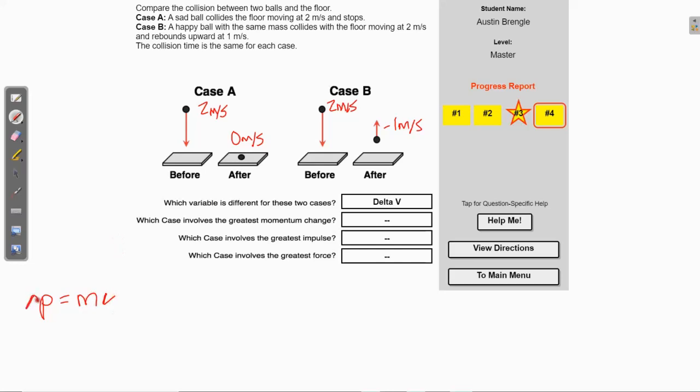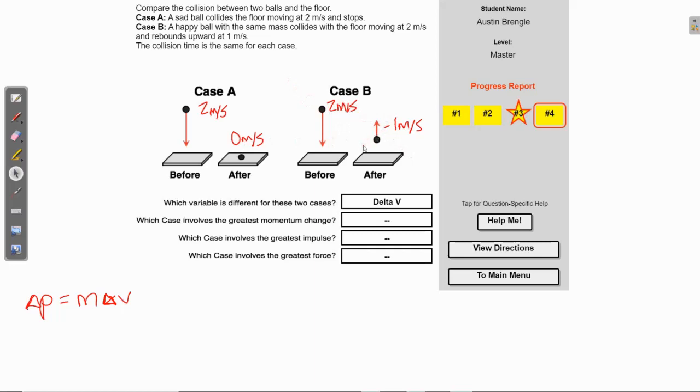Or the change in momentum is equal to the change in velocity times the mass. Well, most people that get this wrong will say that case A has the greater momentum change, because a lot of people will just assume that the change in velocity for case A is 2 meters per second and the change for case B is 1 meter per second, because they don't put this negative sign in here.